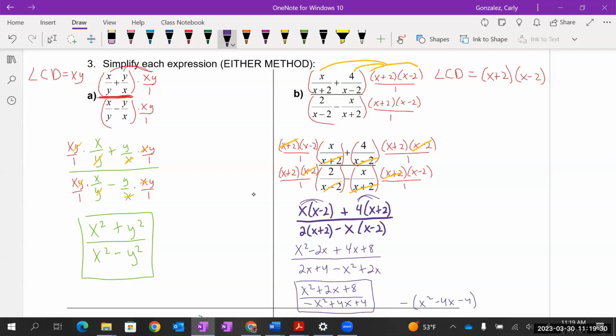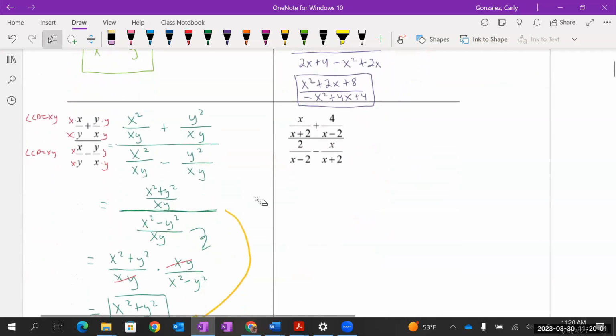And then here, again, you can try it out, but this is also not factorable because what multiplies to negative 4 and adds to negative 4? 2 and 2 might work, but again, one has to be positive, one negative. So that does not end up working out. So that is our final answer, x squared plus 2x plus 8 in the numerator, and negative x squared plus 4x plus 4 in the denominator.